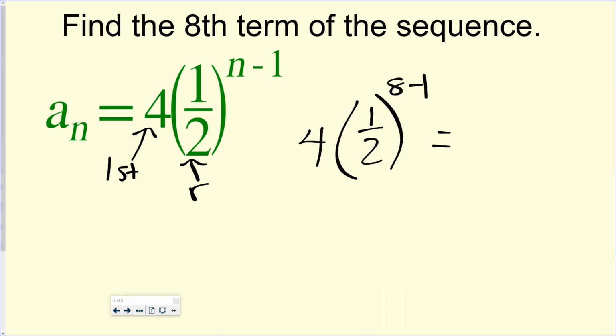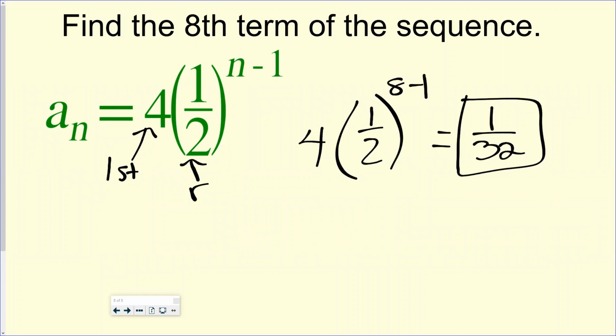The n is just whatever term that they're asking us to find. So in my calculator, what I just wrote down in block there is what I'm going to type in. 4 parentheses 1/2 to the 8 minus 1, which is 1/32.